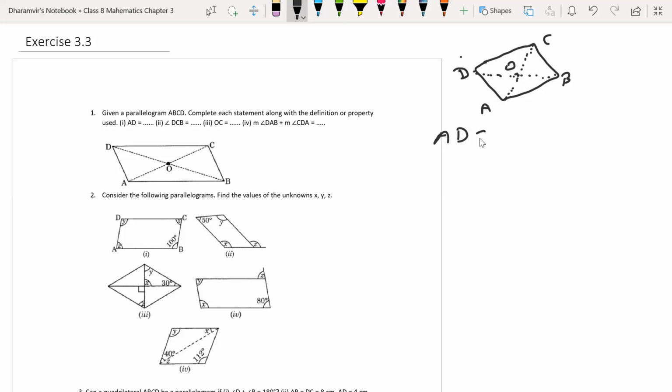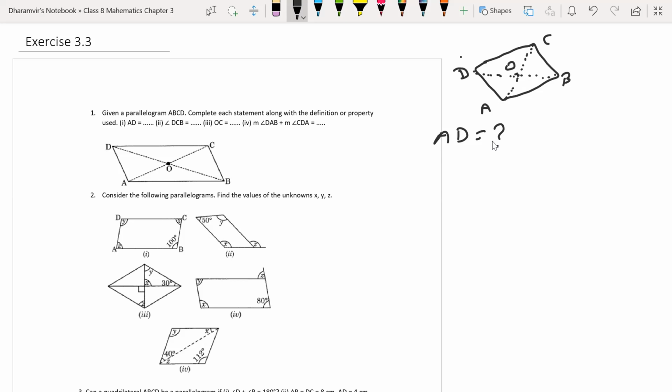AD is equal to what? To find the solution of this, we can use the properties of a parallelogram. One property of the parallelogram is that the opposite sides in a parallelogram are of equal length.